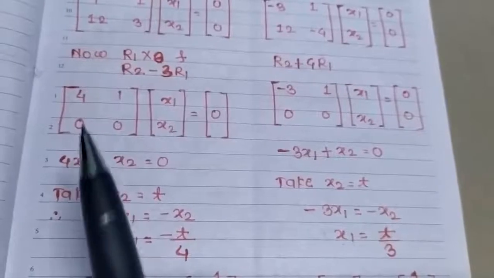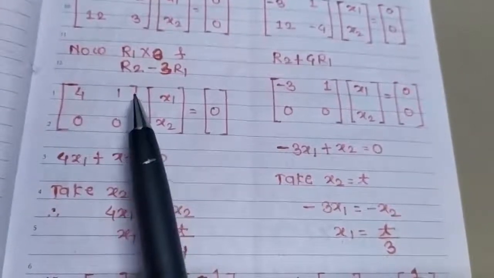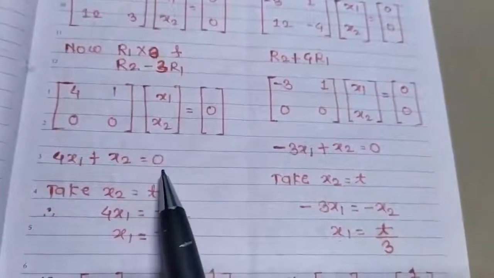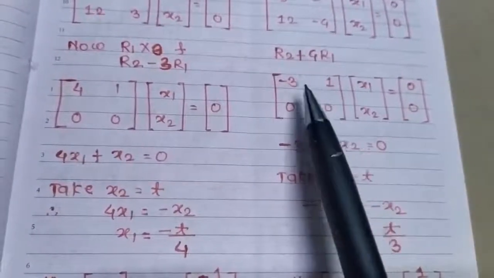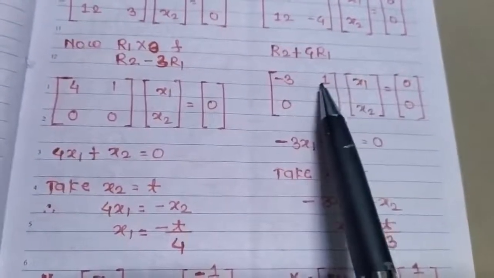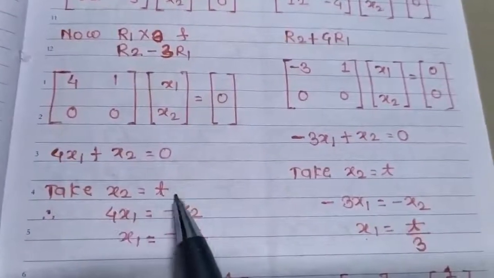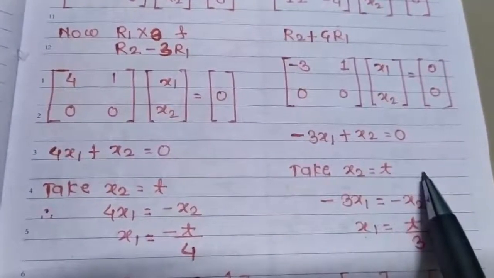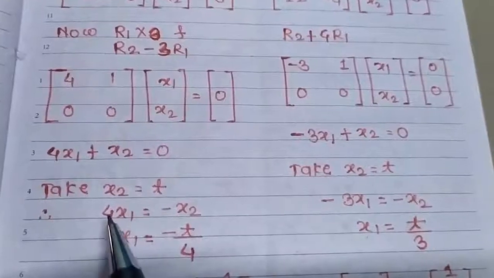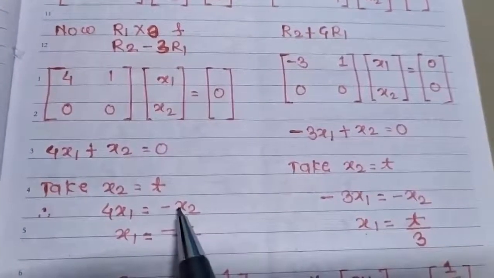Now very simple, 4x1 plus x2 is equal to 0. Here also minus 3x1 plus 1x2 is equal to 0. x2 is equal to t. 4x1 is equal to minus x2.